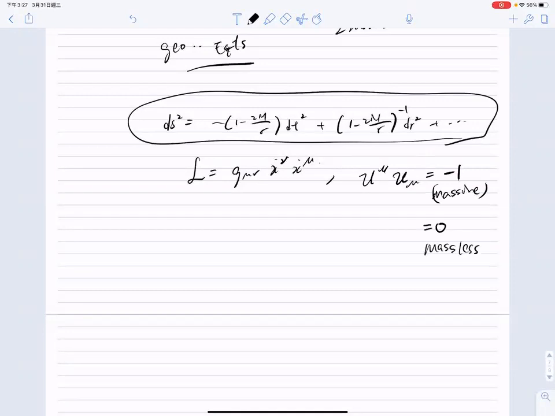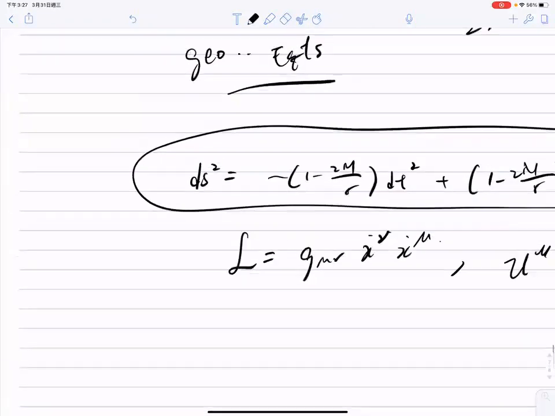They will have a little bit of difference when attracted by a point mass, like your sun. For a massive particle, it would generate some path like Mercury orbiting around the sun, something like that.